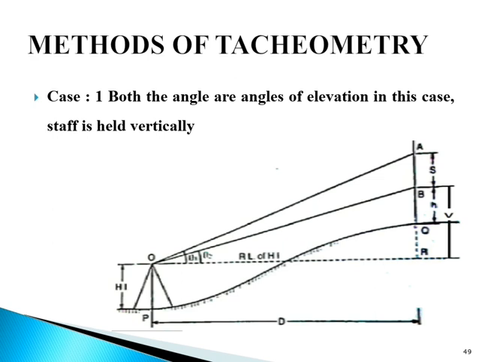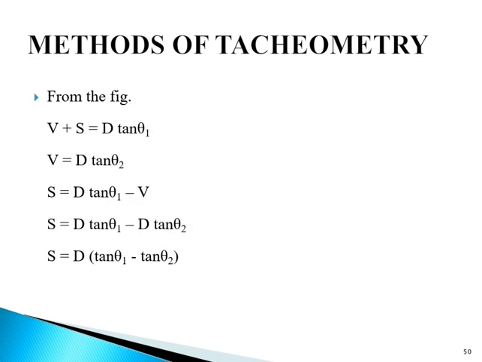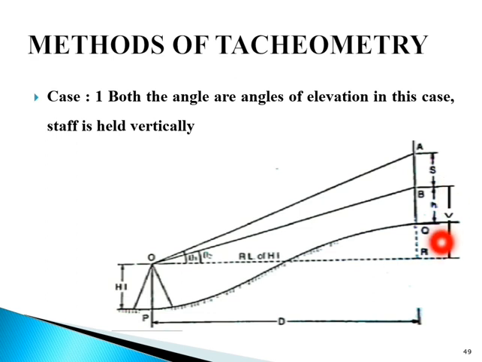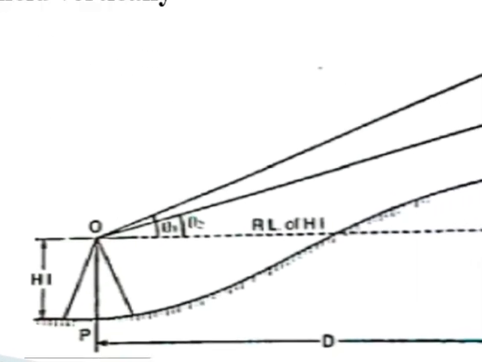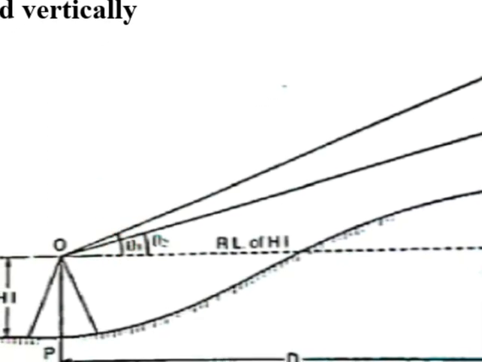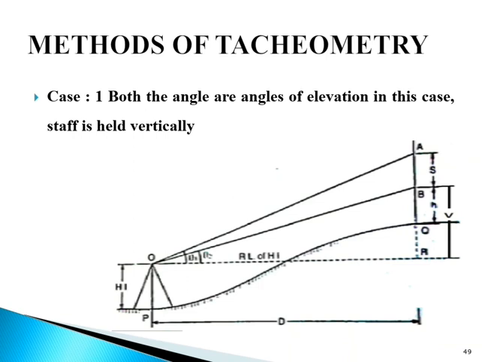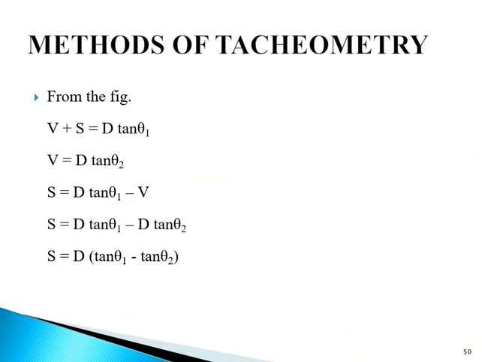So from the figure we can say V plus S is equal to d tan theta 1, because the angle here will be theta 1. And capital V is equal to d tan theta 2. So S is equal to d tan theta 1 minus V. So S is equal to d tan theta 1 minus d tan theta 2.